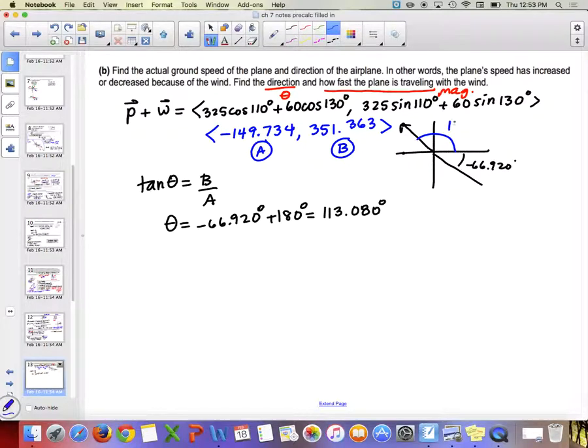Now, I wasn't very specific in this problem. I just said find the direction, which to me would mean the normal theta, like our standard angle. But if you wanted to call that a bearing, we could also do that. So if you wanted to talk about the bearing, how would we find it? It's a little tricky. Basically you would need the angle that goes all the way around to that line.